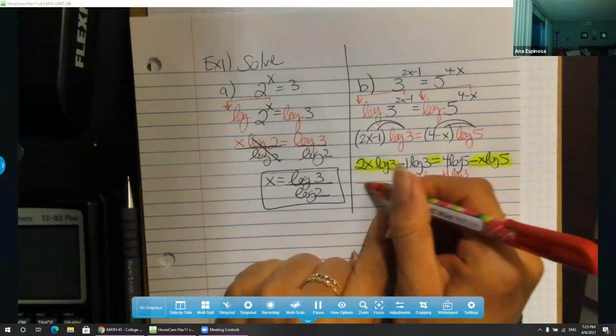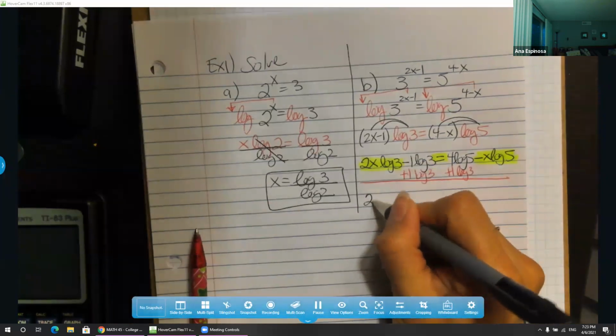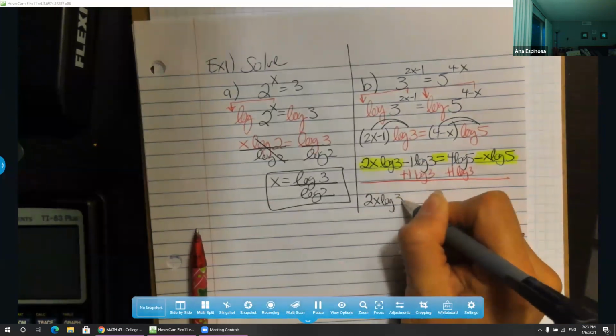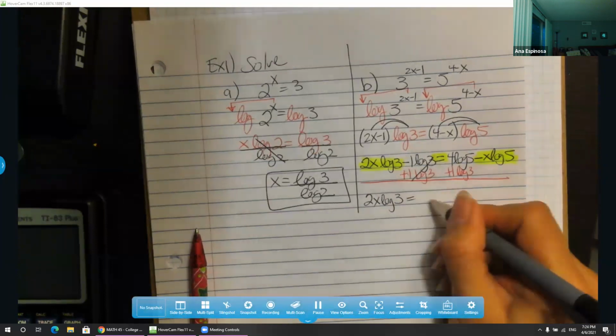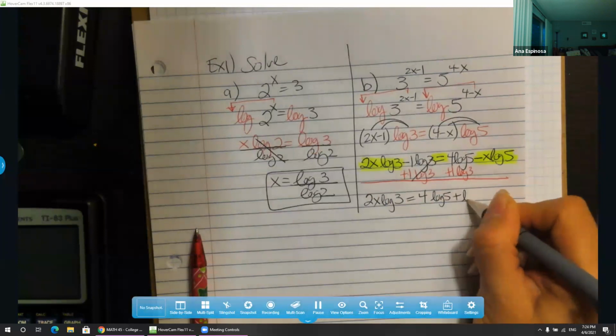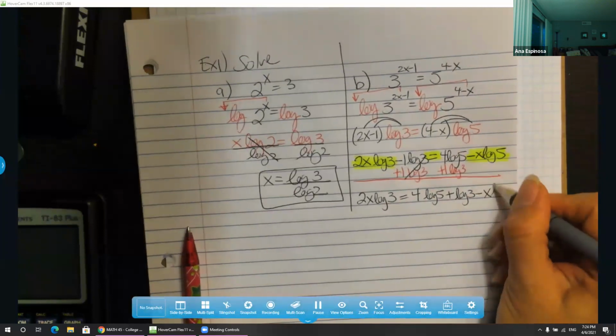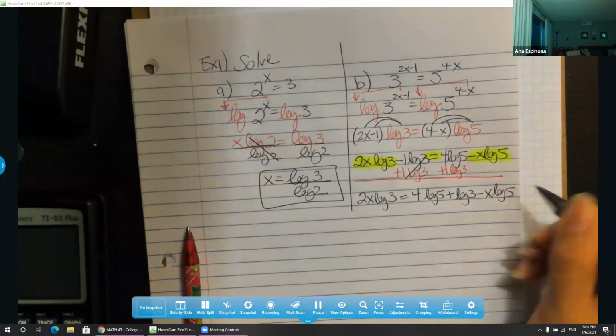Also, please do not attempt to add any logs. Just leave them alone. So that's 2x log of 3, this goes away, equals 4 log 5 plus 1 log of 3, minus x log of 5. So now I'm going to add it.